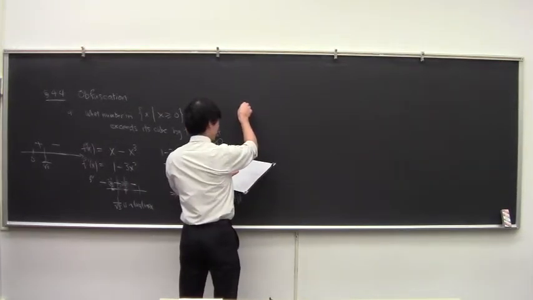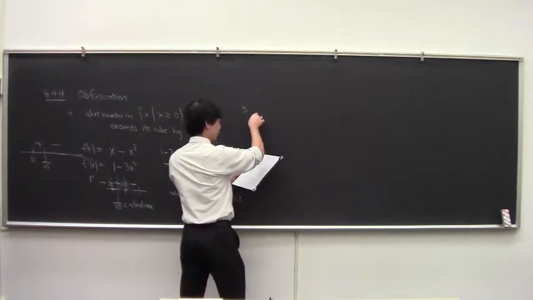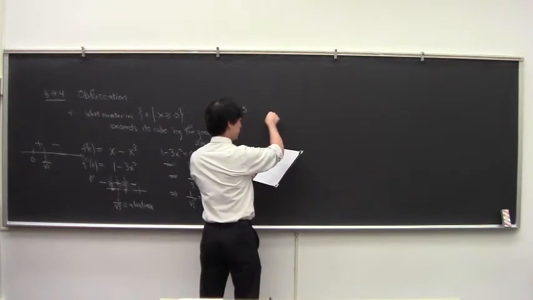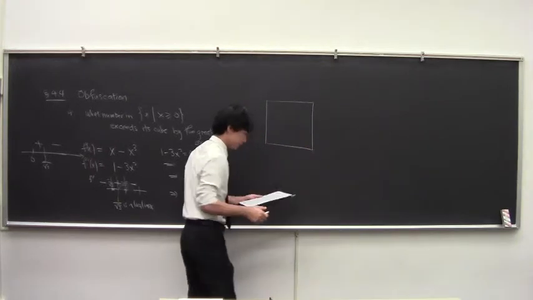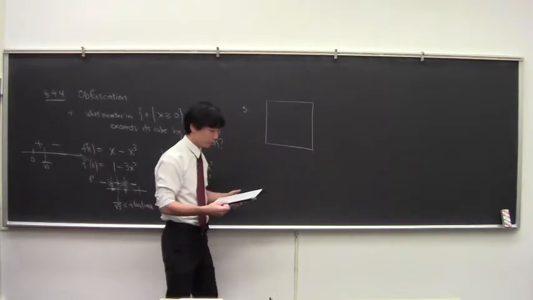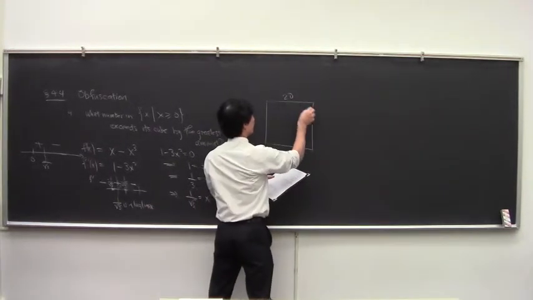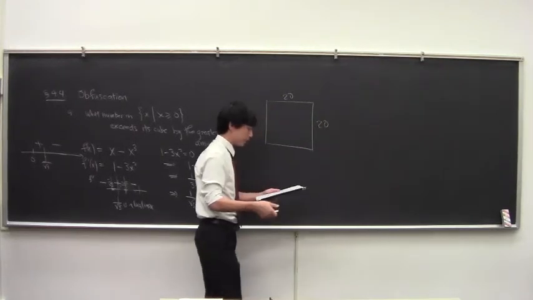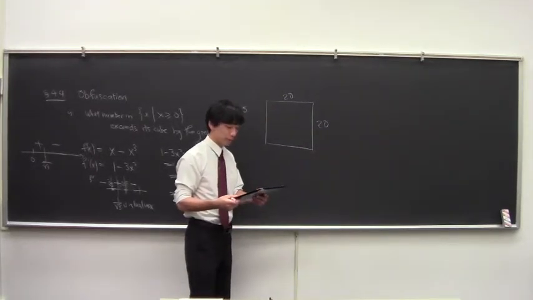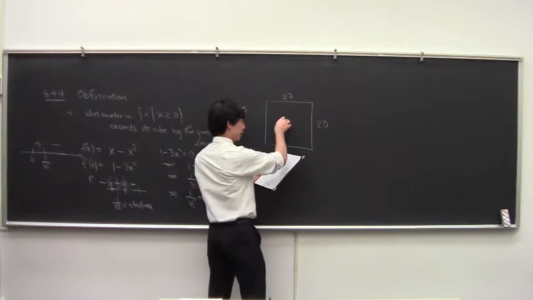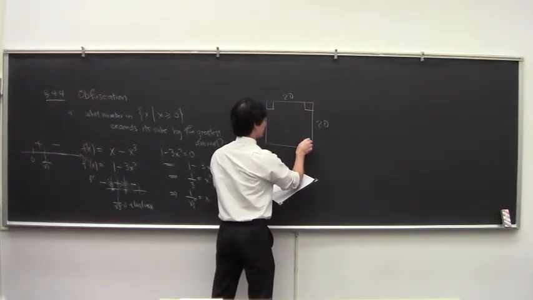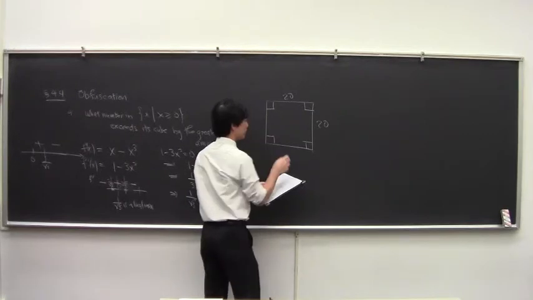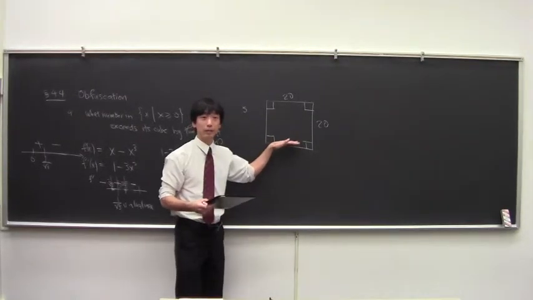Okay. Here's another problem. You have a square paper or cardboard, and it's 20 centimeters by 20 centimeters, and you are going to make a box by cutting out squares from the corners, and then folding those edges up.